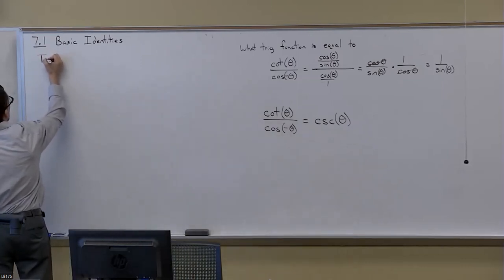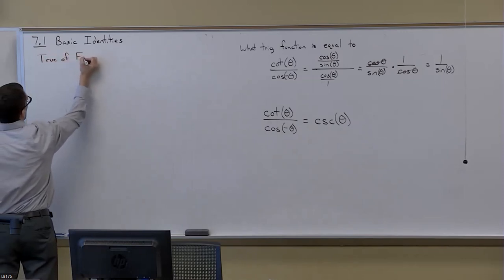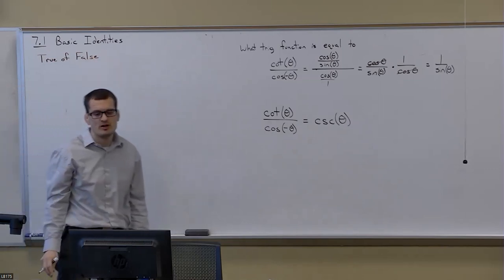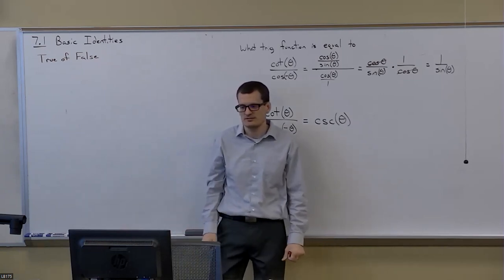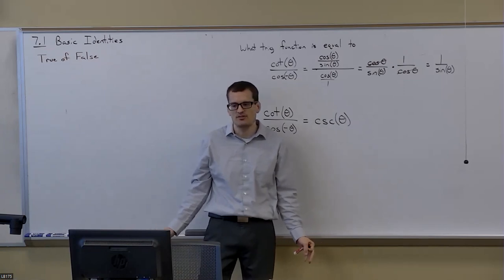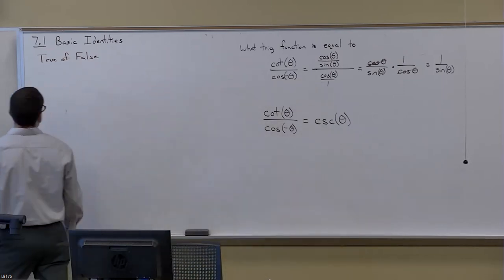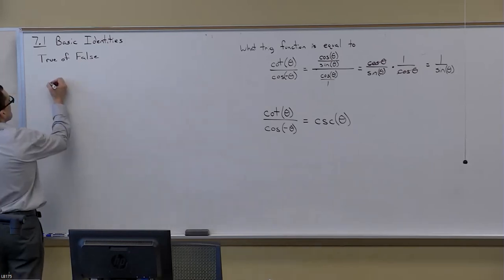So is this statement true or false? And when I say true or false, we're always going to assume for all angles theta, or all x's, or all whatever the variable happens to be.